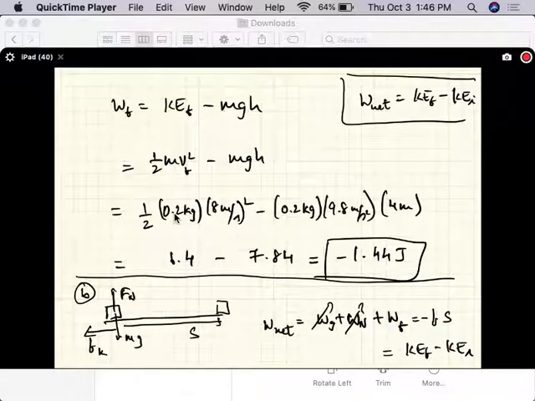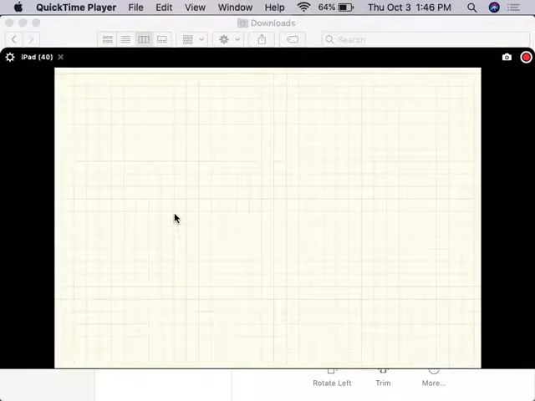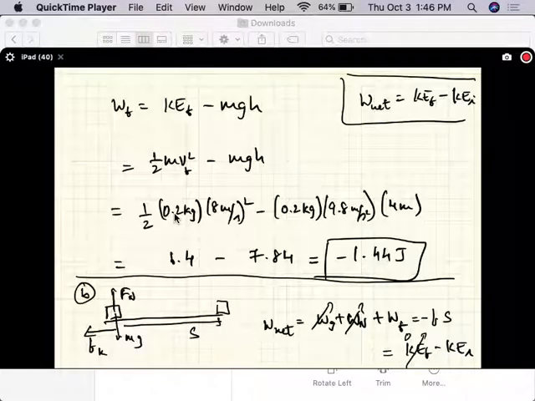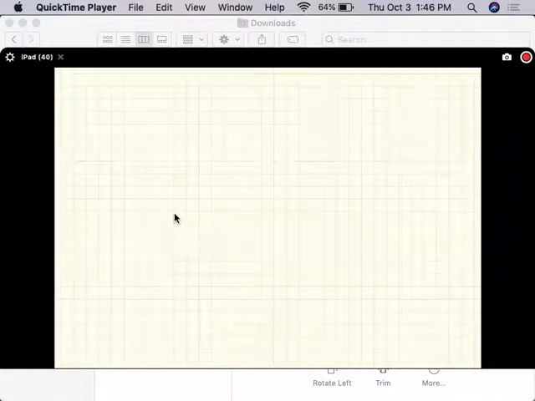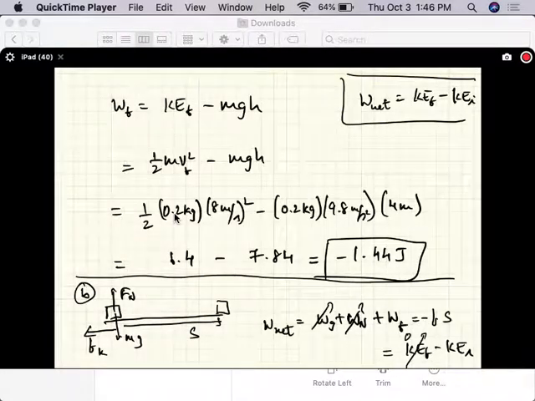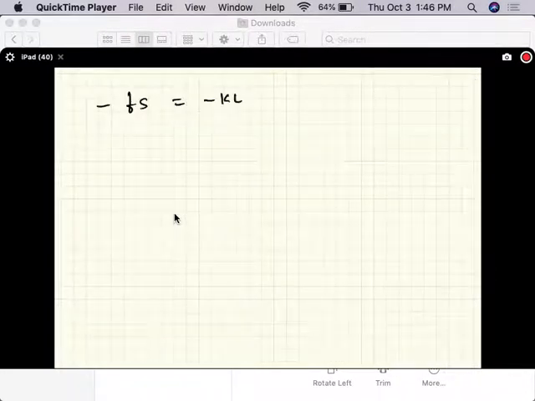And what is the final kinetic energy? Why is it zero? It stopped. So minus Fs is equal to minus K. And what was the friction force?